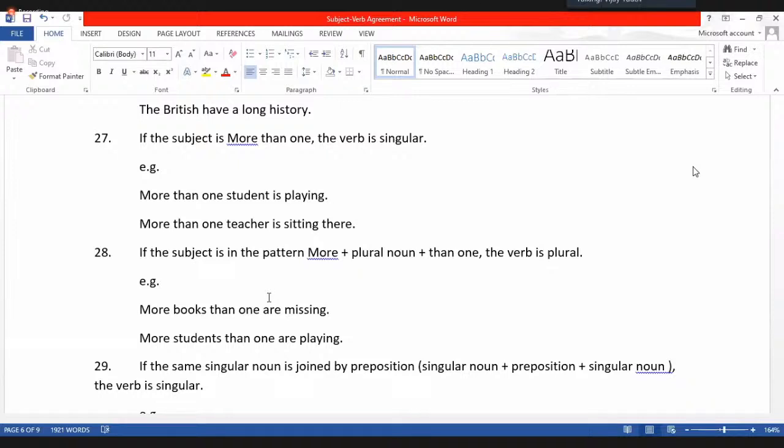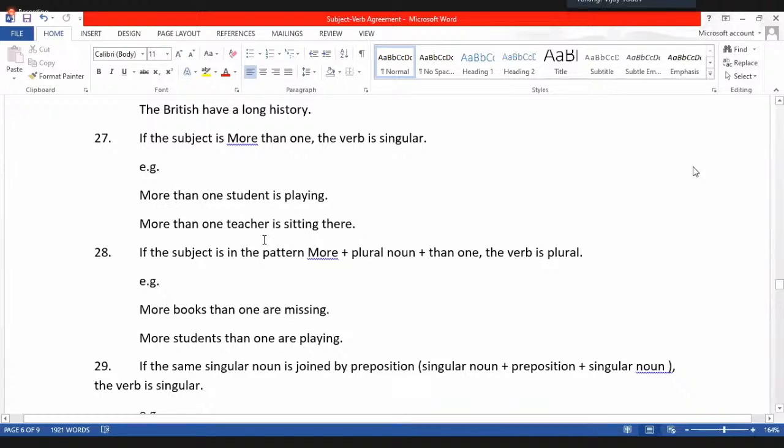So here, more than, see the example. More than one student is playing. But if you have more students than one are playing. Okay, more than one student is playing, but more students than one are playing.